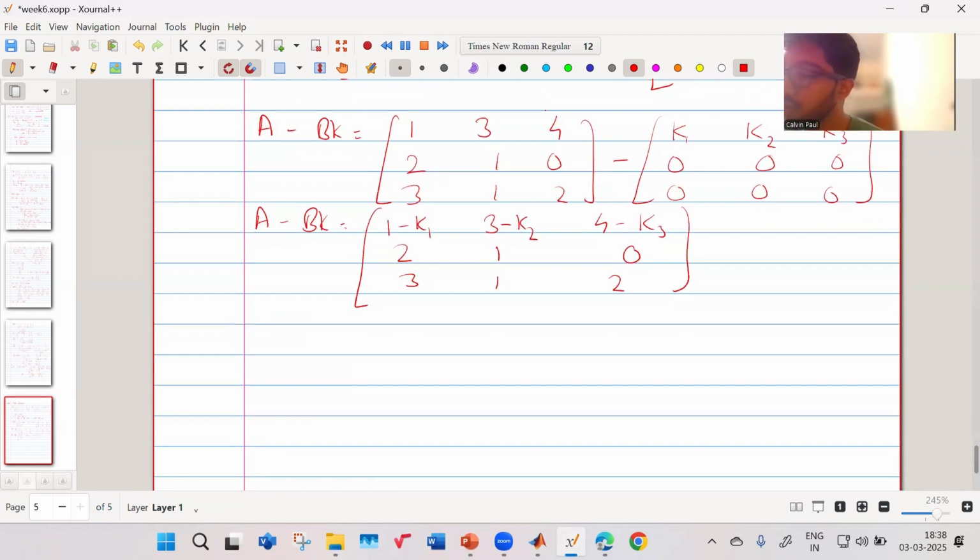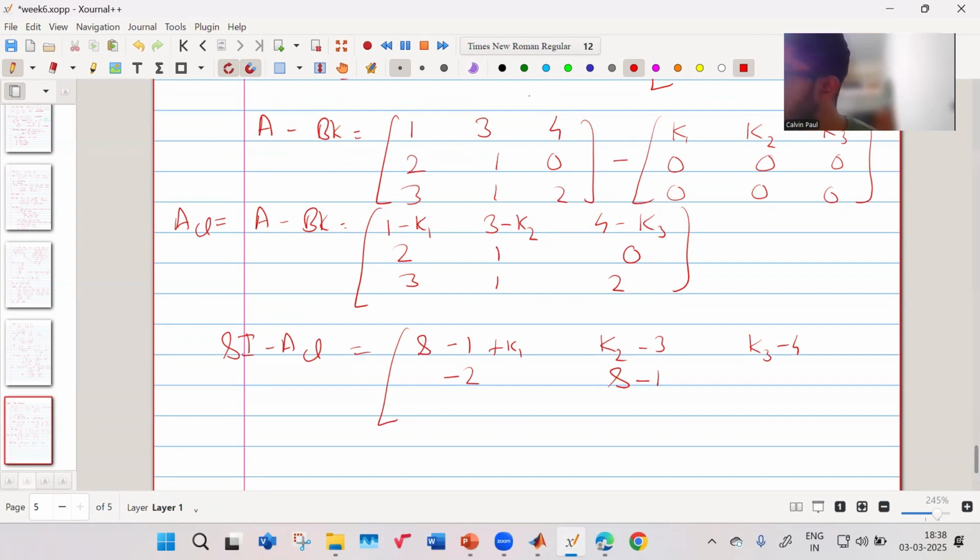Now to find the closed loop poles, what I have to do is SI minus A closed loop. So it is [S minus 1 plus K1, K2 minus 3, K3 minus 4; minus 2, S minus 1, 0; minus 3, minus 1, S minus 2].